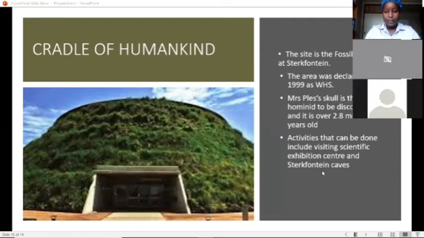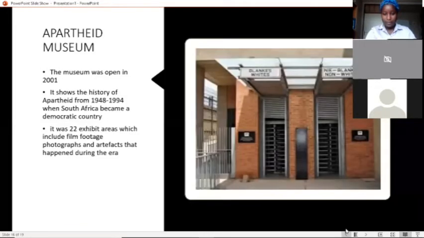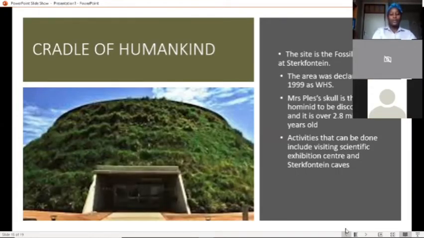So, would you say that the cradle of humankind teaches us about our history and origin and how we came to be? Like you said, less like a big skull. Yes. And now our skull is normal size. Would you say that it teaches us about our history and our origin?